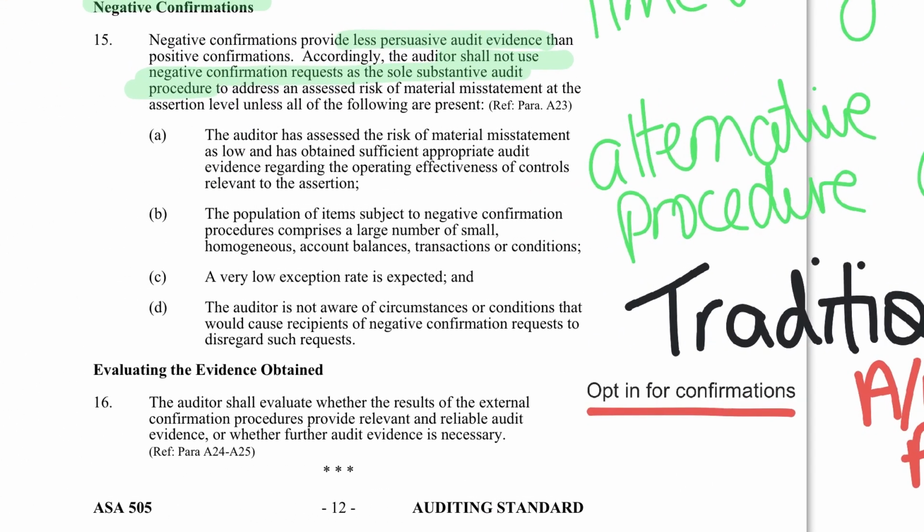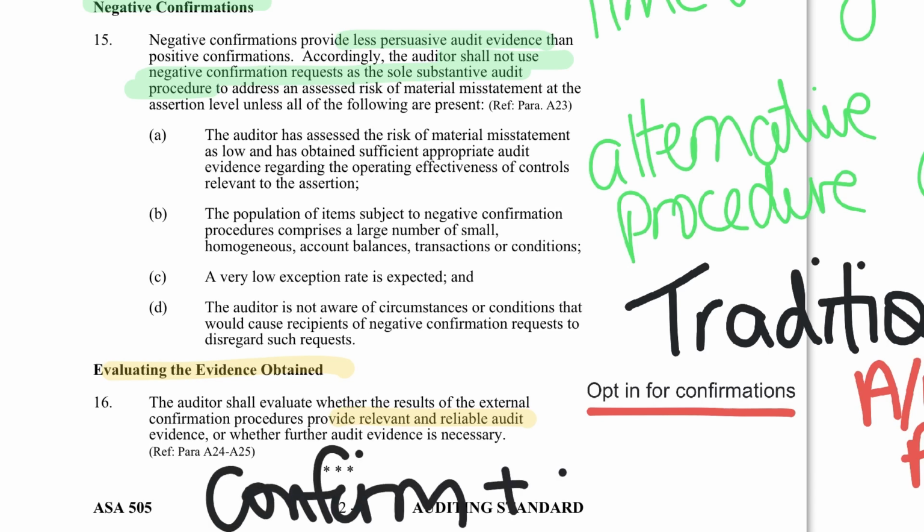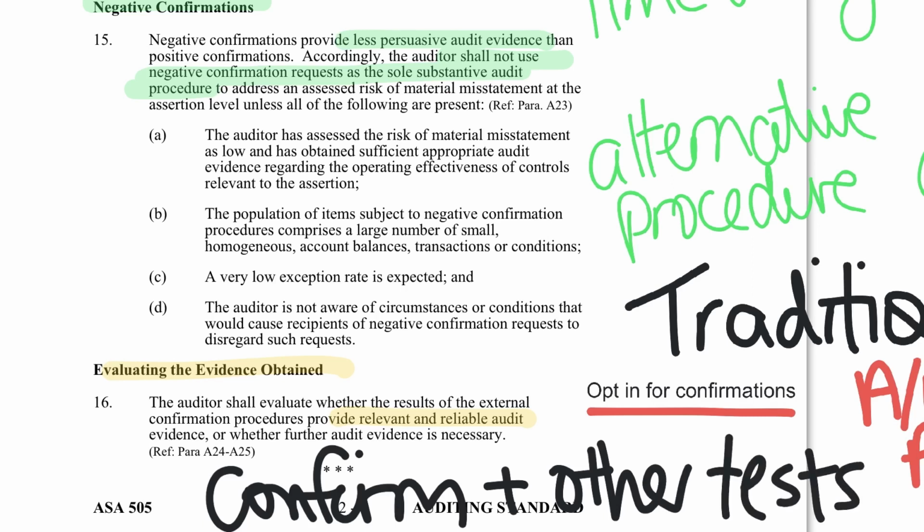So once we have our confirmations, last thing we have to do, evaluate the evidence, all right? Is it relevant, reliable? Does it help test the assertion? In a lot of circumstances, we're going to do a confirm, if we are going to use a confirm, plus other tests. All right, remember I mentioned before that the confirm is a great way to test the existence of something, valuation in only one direction, but it doesn't tell us about rights and obligations.